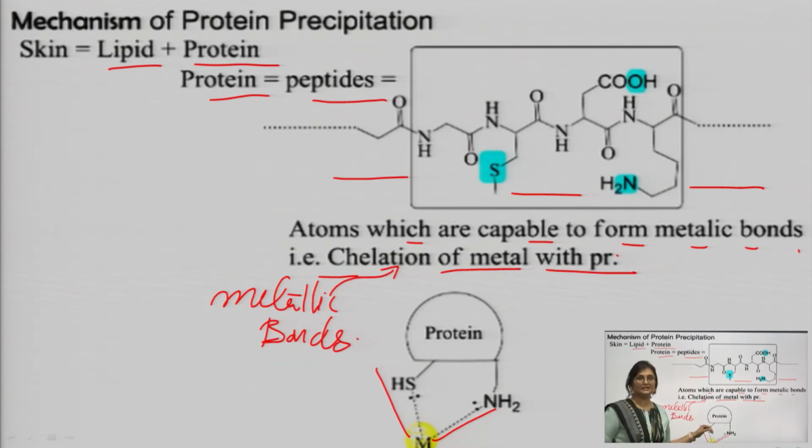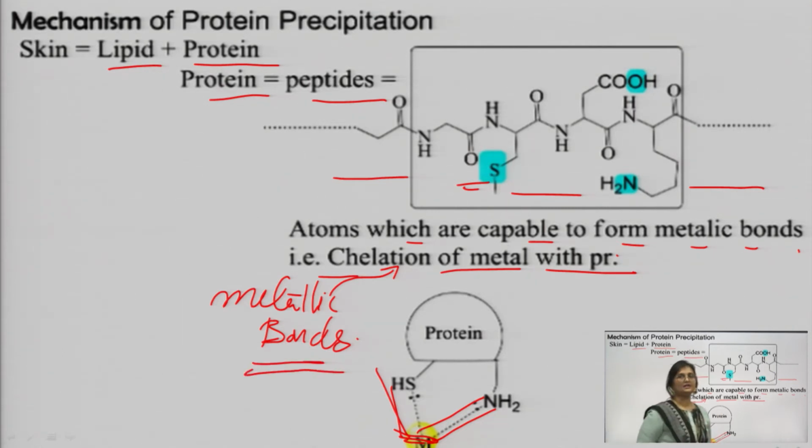Metal containing astringents form chelates with those proteins that can form chelation, especially sulfur containing proteins. Okay. So this is how an astringent binds with the skin.